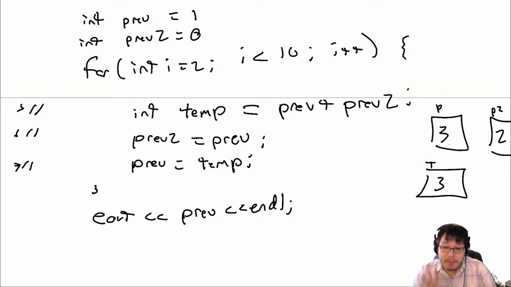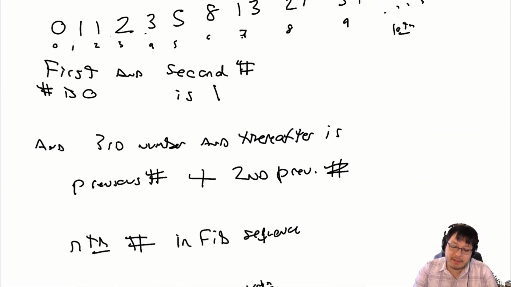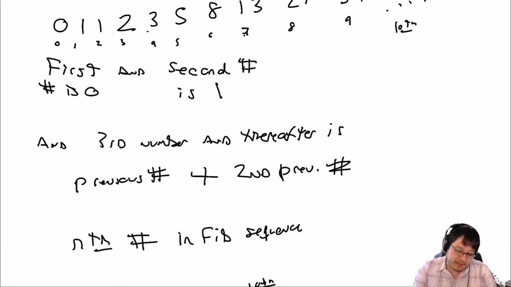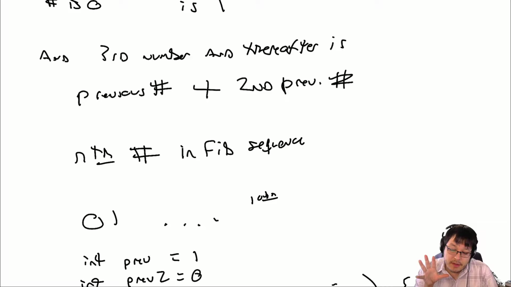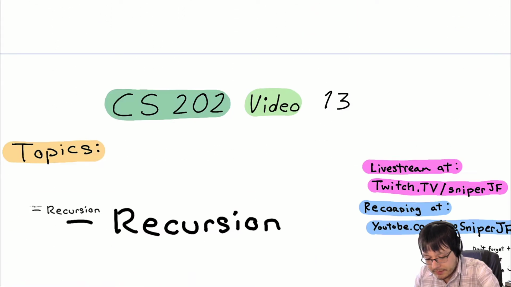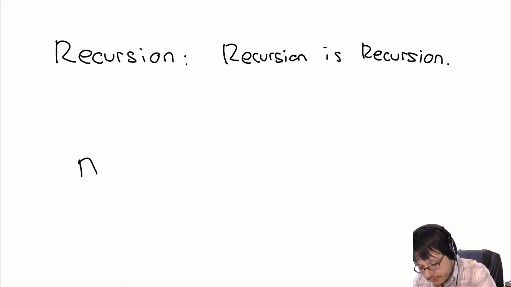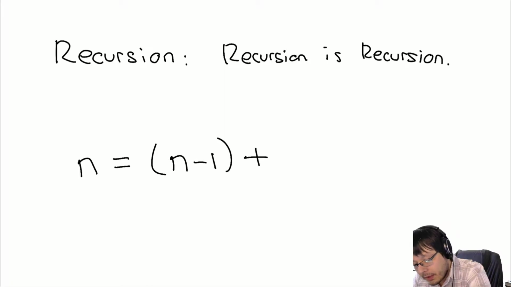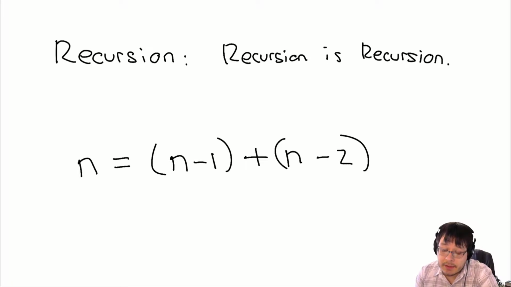That is a little bit backwards from what the algorithm tells us, because the mathematics say that the nth number of the sequence is computed by, if we write down the mathematics, n is equal to n minus 1 plus n minus 2. And n minus 1 is actually representing the nth number minus 1.